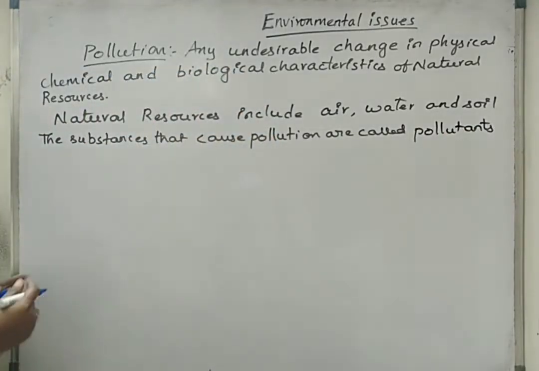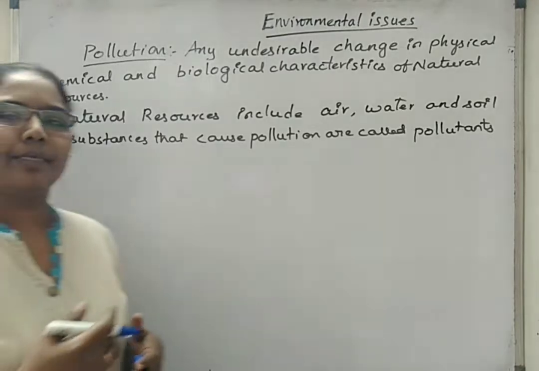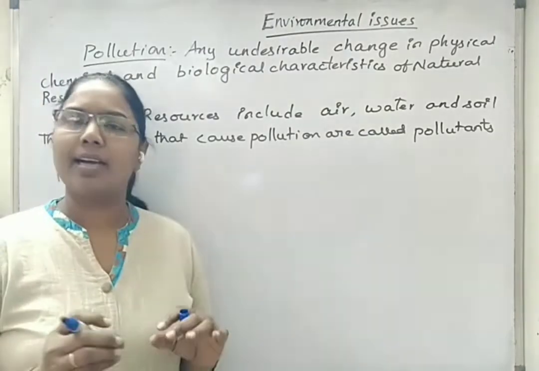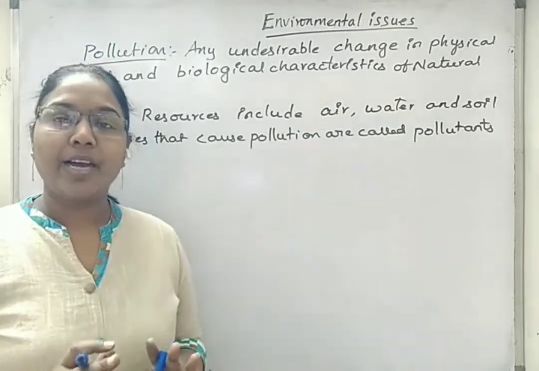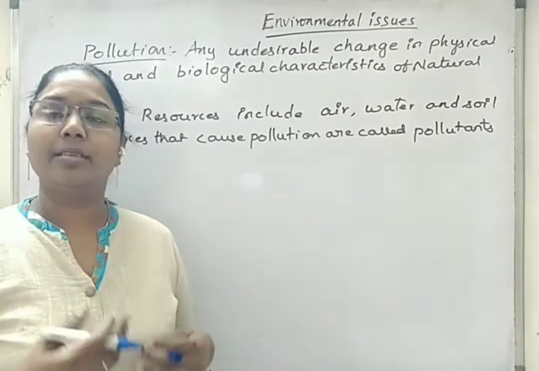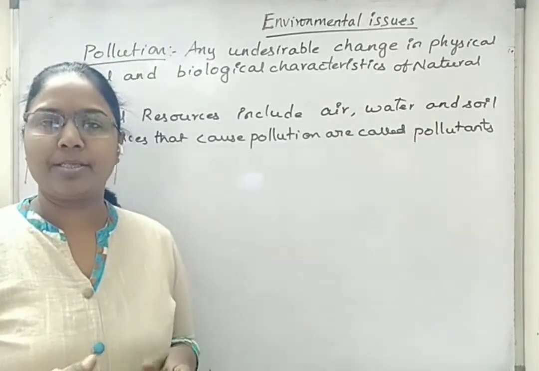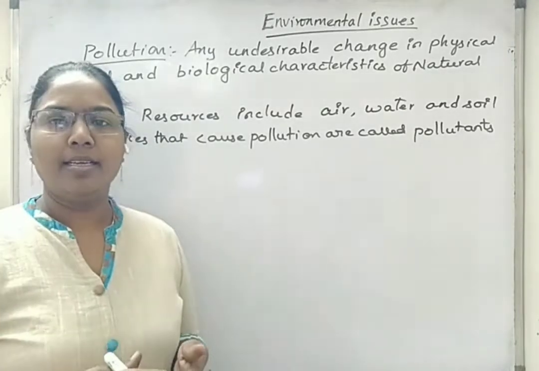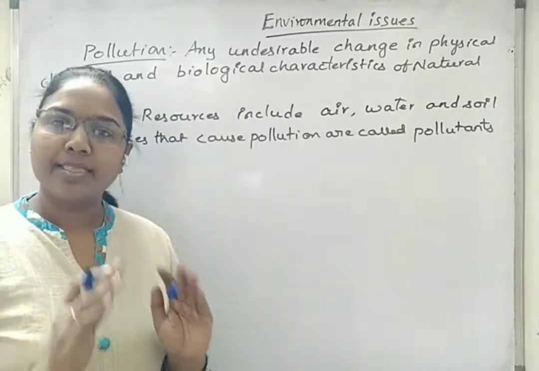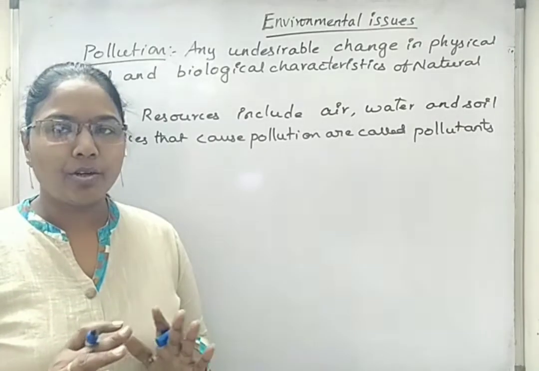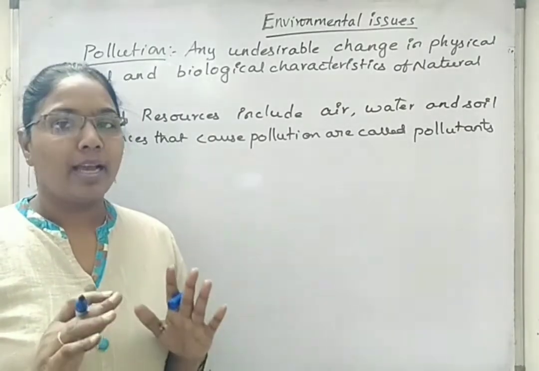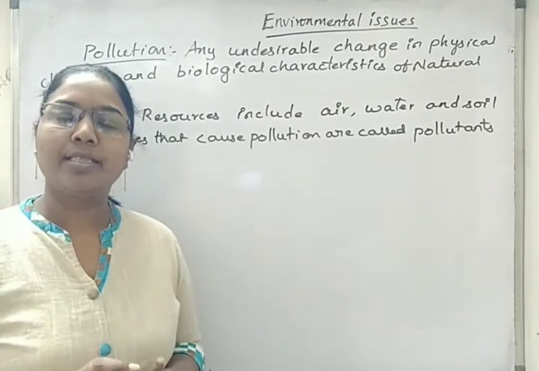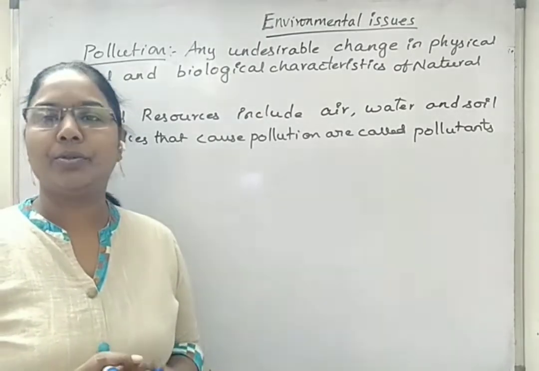There are several types of pollutants that act in their original form. For example, carbon dioxide. If carbon dioxide is present more than 0.04% and it is not changing its form to carbon monoxide or any other substance, then such substances which are not changing their original forms and just behave as pollutants are called primary pollutants.